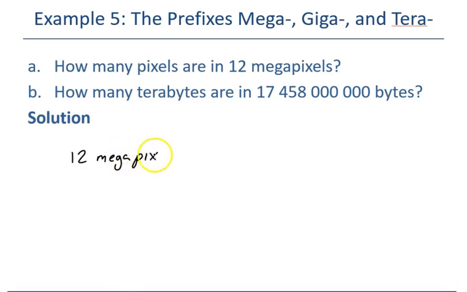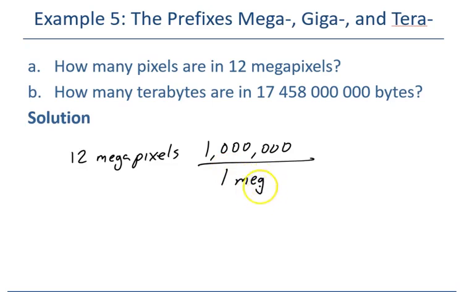How many pixels? There's 1 million pixels, and yes, I know I shouldn't have used the horrid comma there, but that's going to equal 1 megapixel.